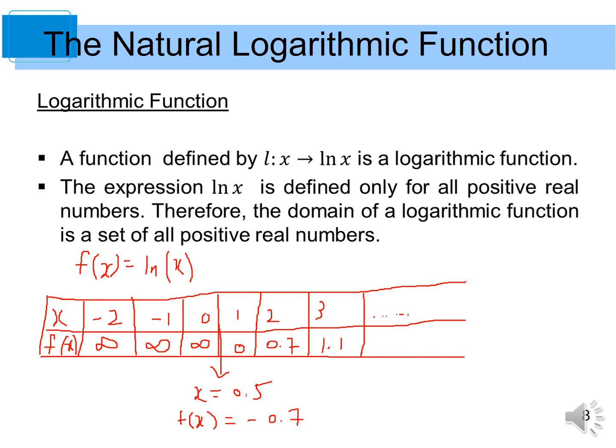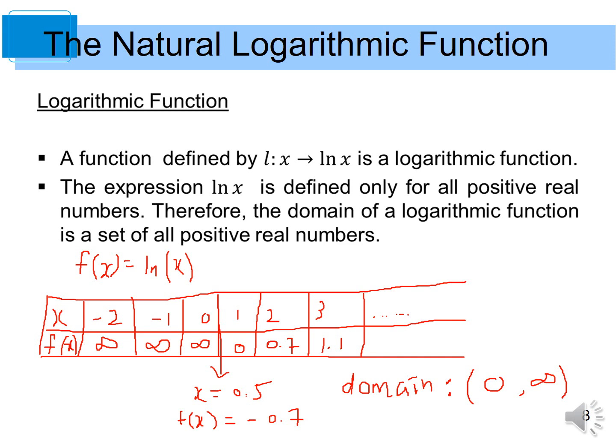Based on our table here, we can see the function is defined only for x from 0 to positive infinity, but excluding 0. So you can conclude the domain is from 0 to positive infinity, excluding 0, meaning that we start from 0 point something.